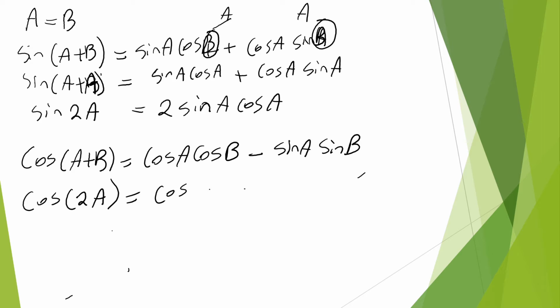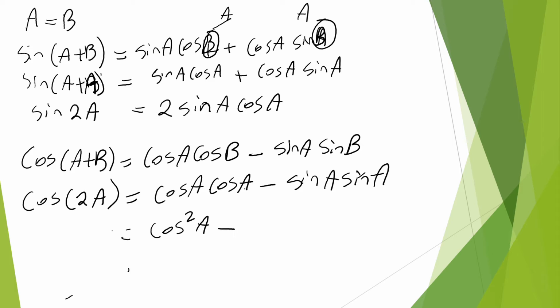This one is cosine A cosine A minus sine A sine A. Now that's cosine square A minus sine square A. So we know that cosine square A plus sine square A is 1.